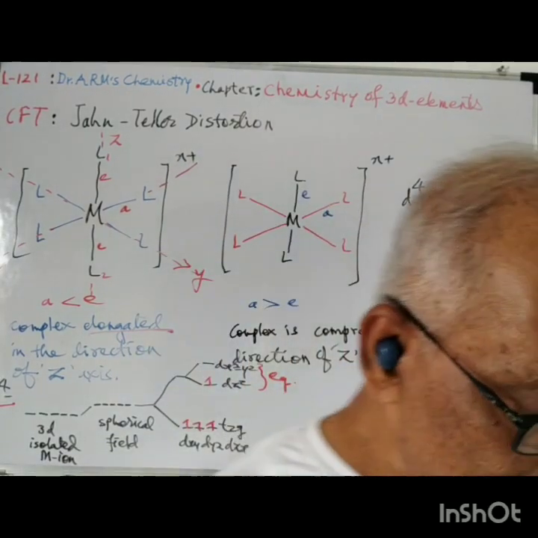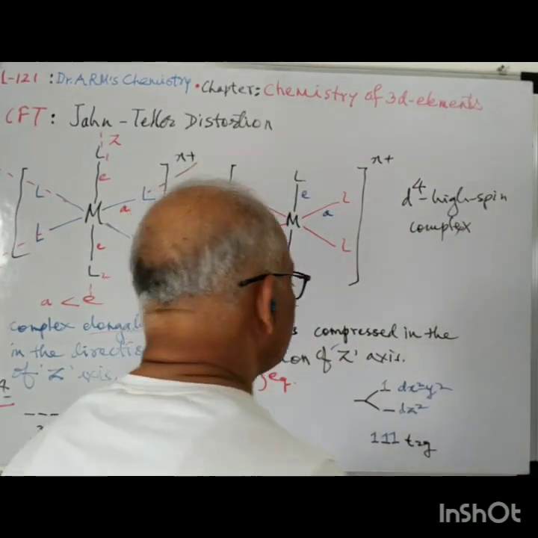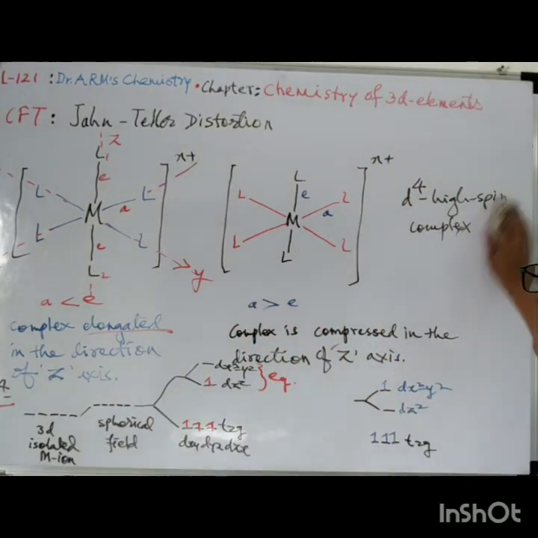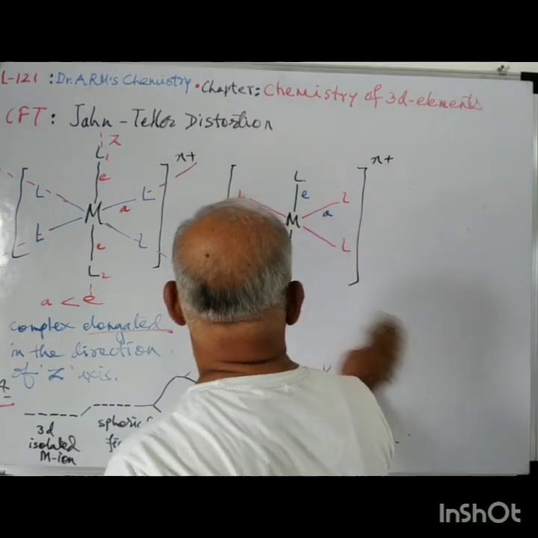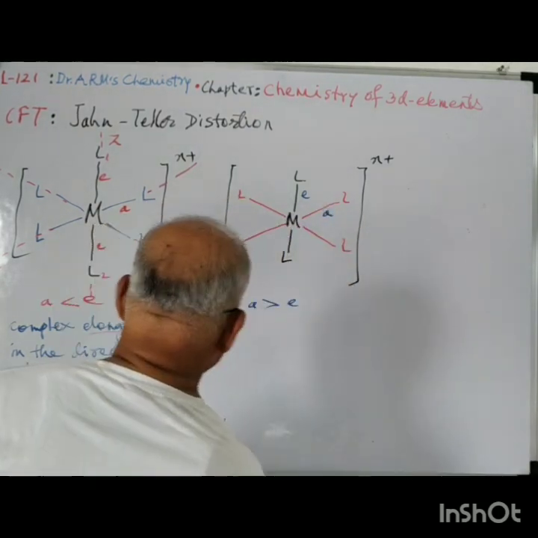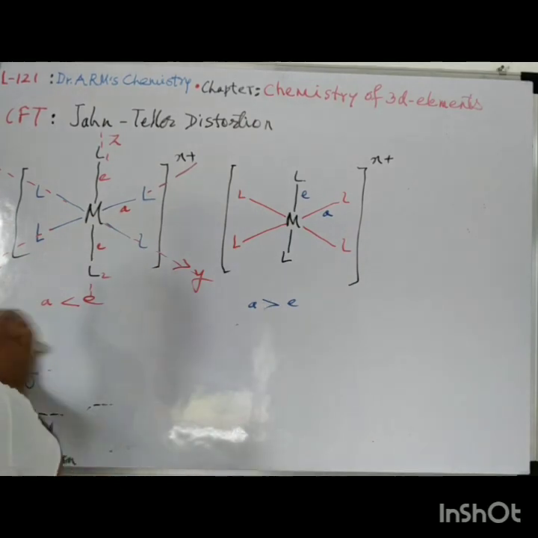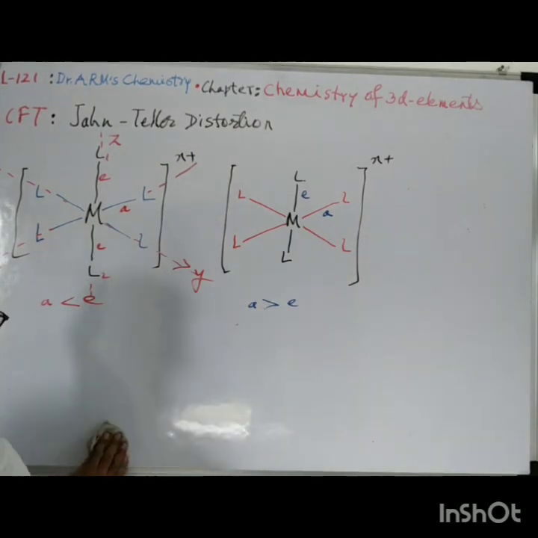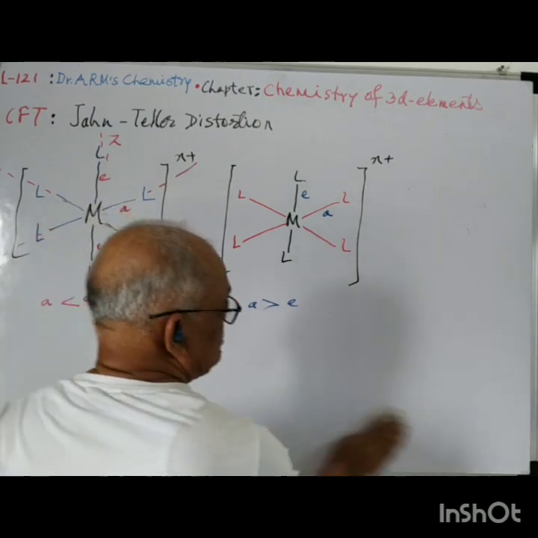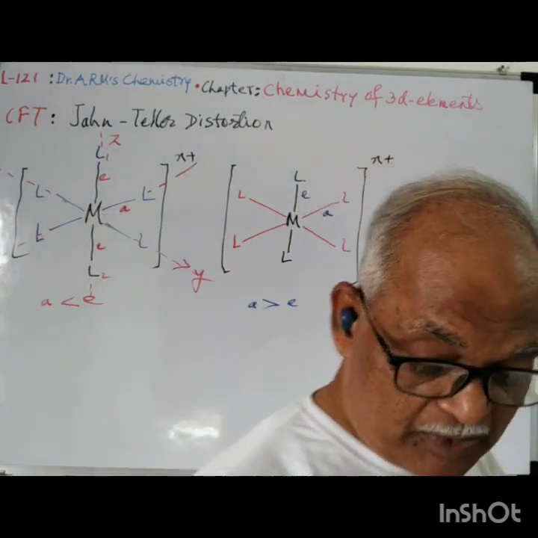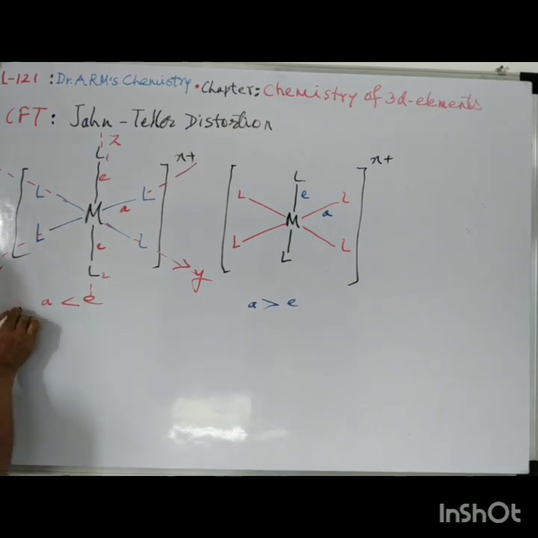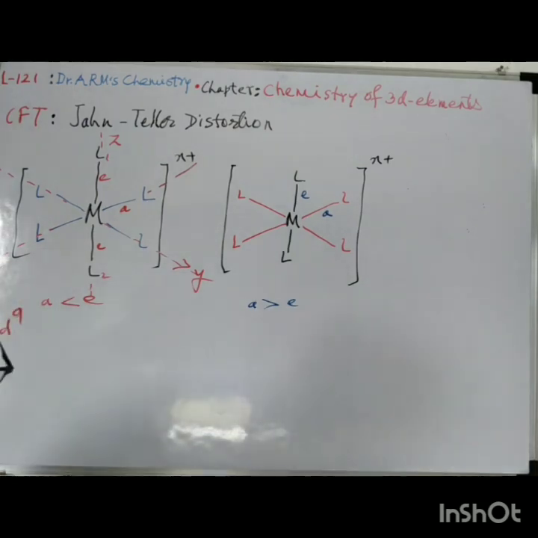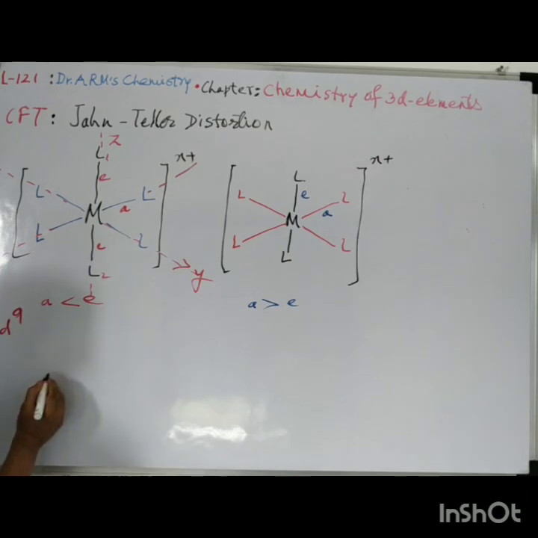Now we will see this Jahn-Teller distortion. We have seen this in the d4 case. Now we will see the same in another case, that is the d9 configuration. So if we see this d9 configuration, we will find that the distribution is like this.